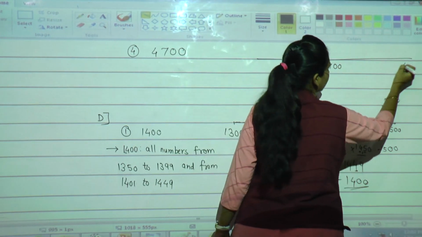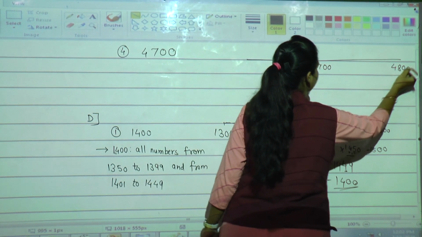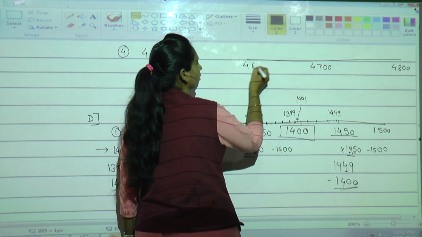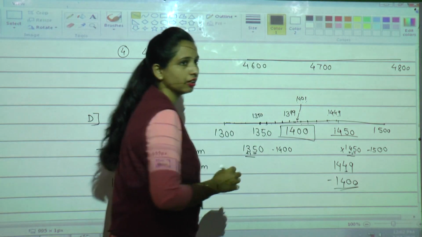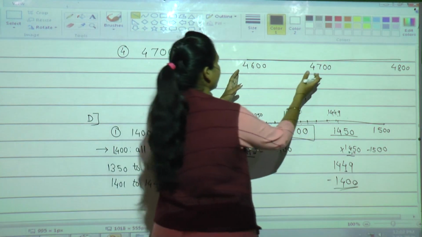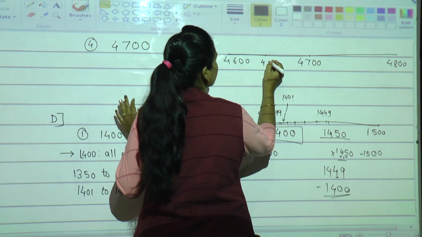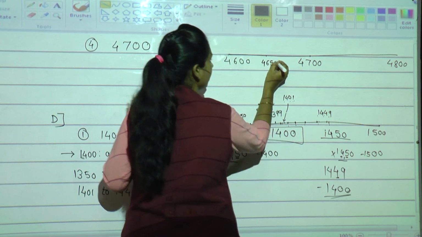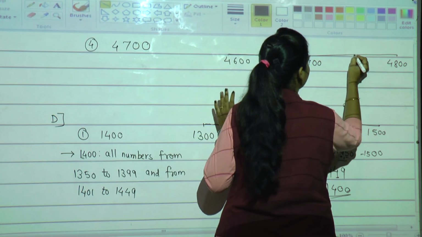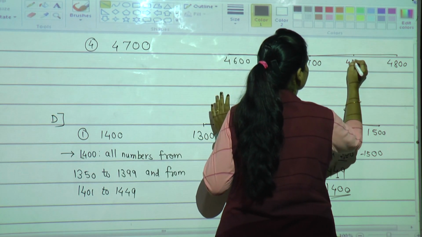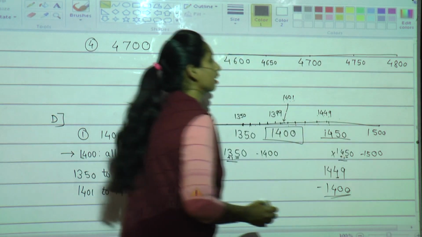What will come next? 4800, and before, 4600. Okay, now what is the mid number that will come between these two numbers? 4650, and here the big number will come, 4750. Okay.